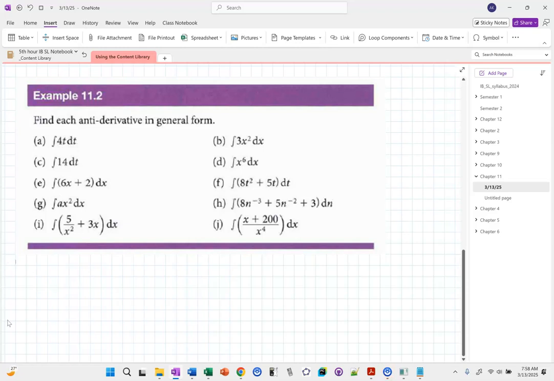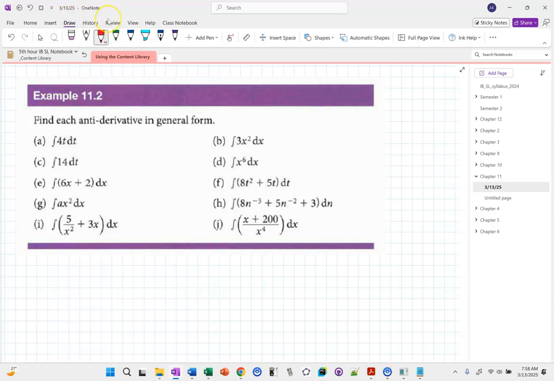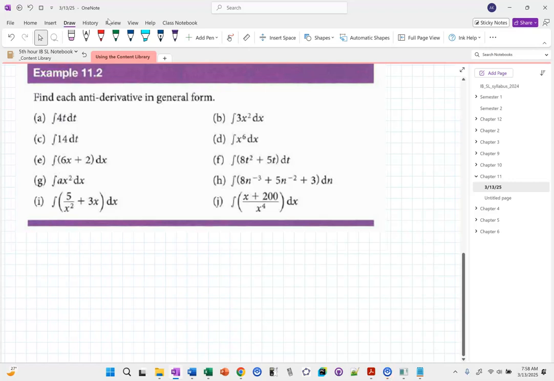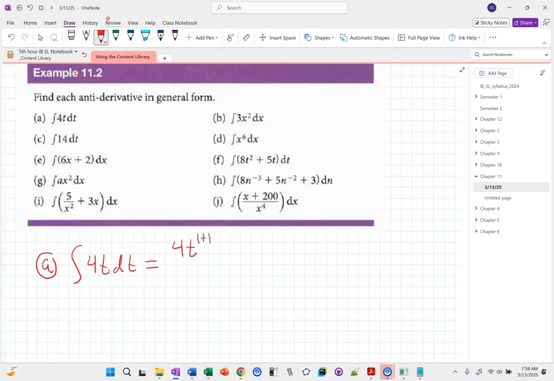All right. I'll do a couple, and then I'm going to ask you guys to take over and help walk me through some of these. So we have the integral of 4t dt. So using my anti-differentiation rule that we just established, I'm going to add 1 to the exponent of my variable and then divide by that new exponent.